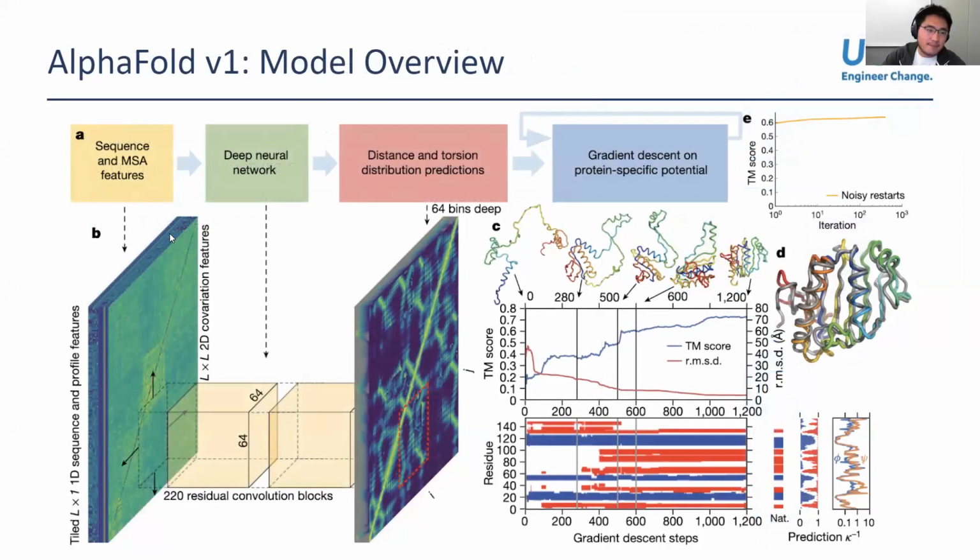You can imagine the input is something like a picture, which has a width and height with RGB channels. Here it's an L by L square tensor, where L is the length of the protein sequence, with a certain number of feature channels.